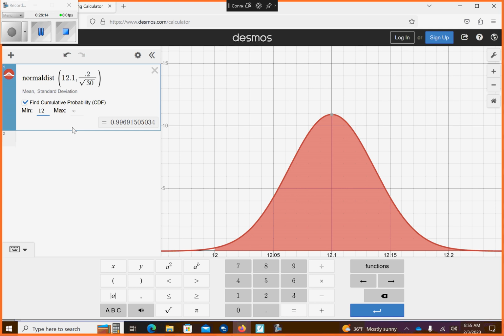So they have a 99.7% chance that if you selected 30 cans of Coca-Cola or more, or if it becomes more, it's going to get even bigger, and we're going to show. So Coca-Cola is like, wow.